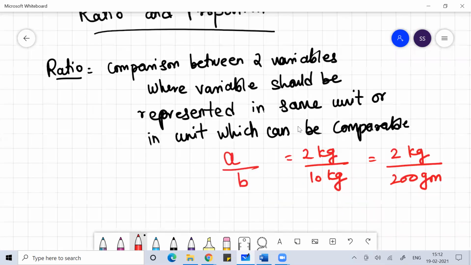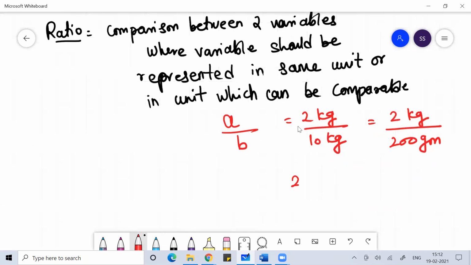But imagine if I ask you to compare 2 kg and 2 kilometer. You cannot compare between them because both of them are in different units.